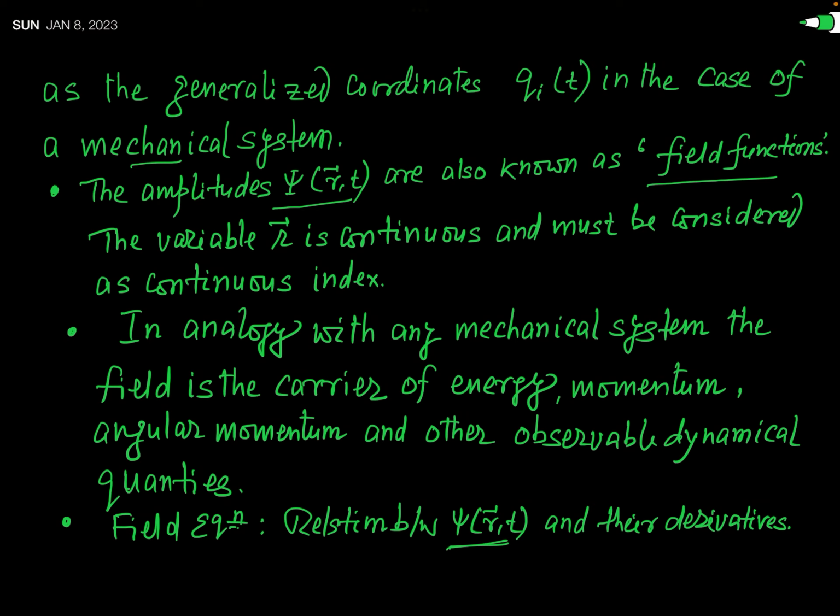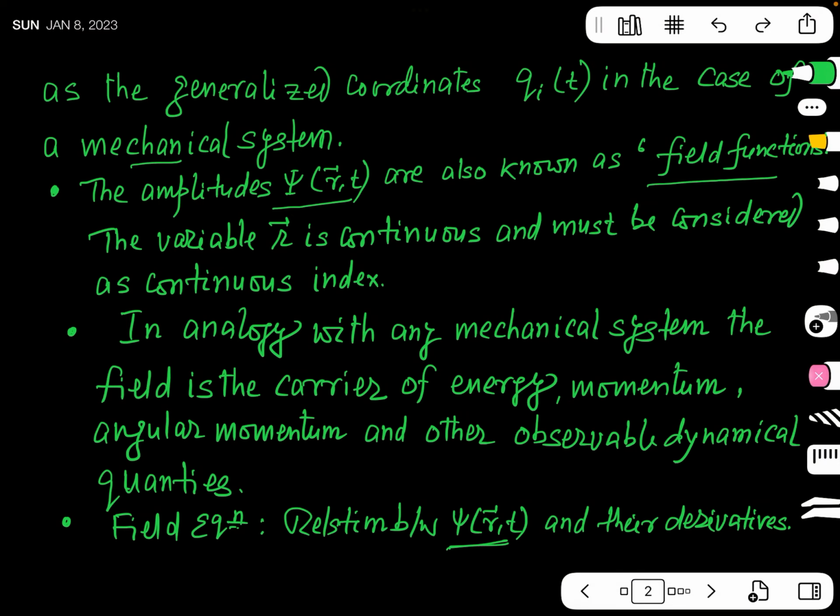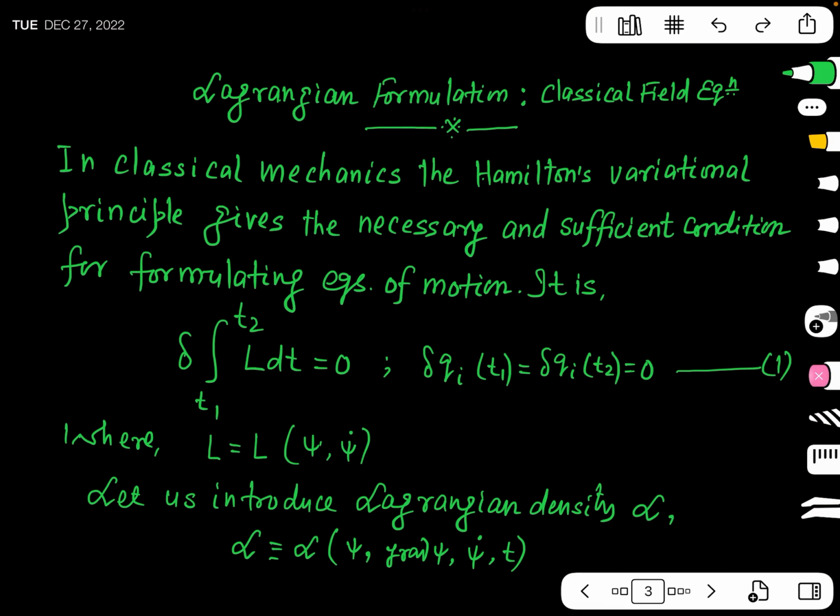Now we will think about the Lagrangian formulation and try to obtain the field equation by the Lagrangian approach. In fact, you will see that applying the Lagrangian formulation of classical mechanics, we will obtain the classical field equation, and these field equations will be obtained in terms of two parameters.